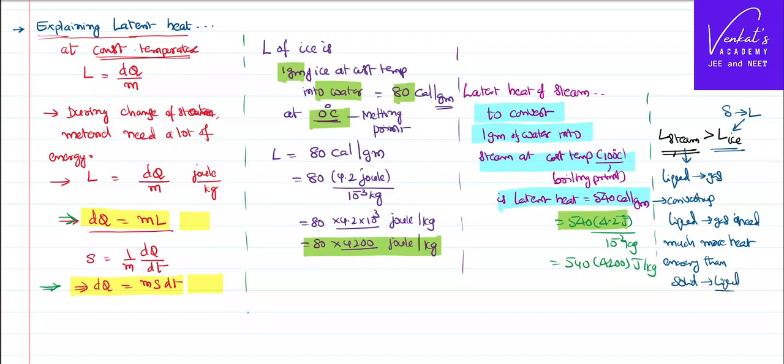Why? Make a solid a little loose, it will become a liquid. But make a liquid a little loose, it's not going to become a gas, because in the case of a liquid, between the molecules there is a force of attraction. In the case of a gas, the force of attraction between them is almost negligible. That means the distance or the separation between the molecules is large.